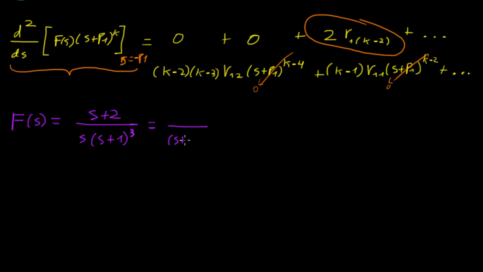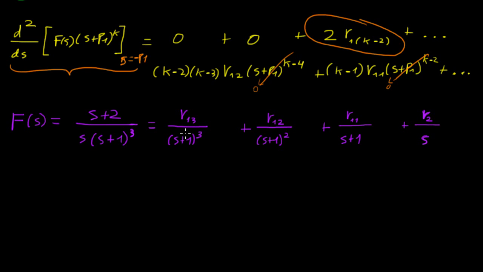This is equal to r13 over (s + 1) cubed, plus r12 over (s + 1) squared, plus r11 over (s + 1), and the residue associated to s is r2 over s.